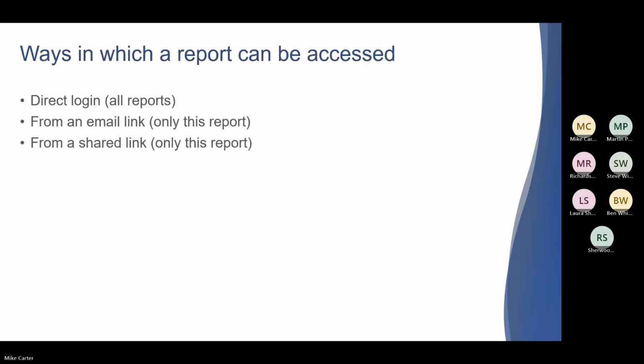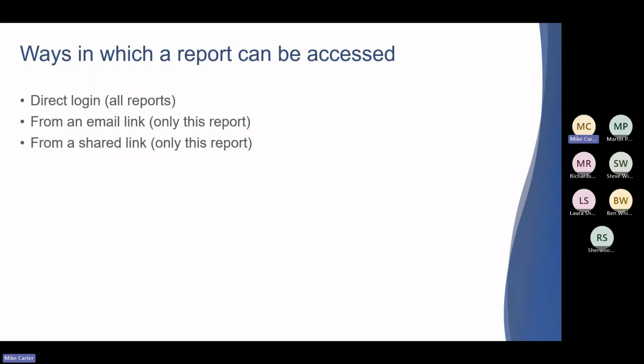So in what ways can people access reports? The obvious one is, I've got a login and I've been given access to view the reports. That's one way. But for individual reports, there are other ways as well. We have a particular type of email that we can send out called an editor email, which contains a link, very similar to a shared link, that allows you to access a single report without requiring a login.